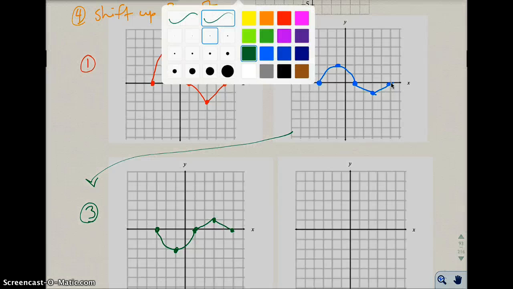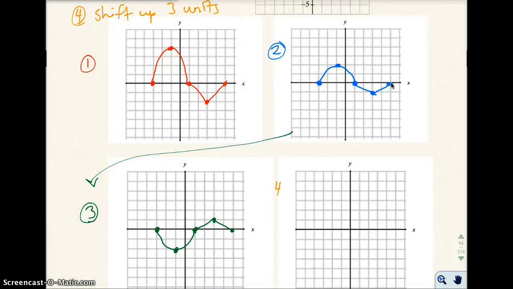Okay. And the fourth step is to shift all my points up 3 units. So these points all get moved up 3 units. So 1, 2, 3. We'll go right here. And this point, 1, 2, 3.